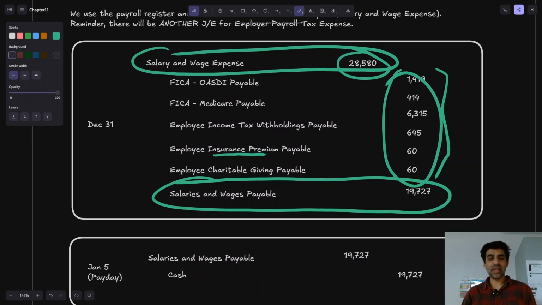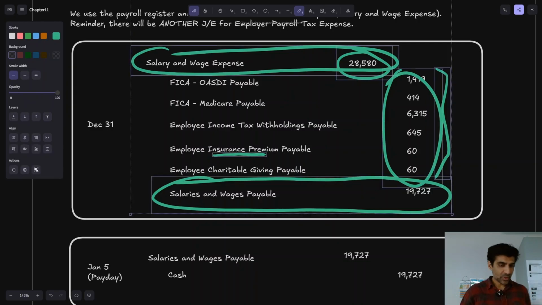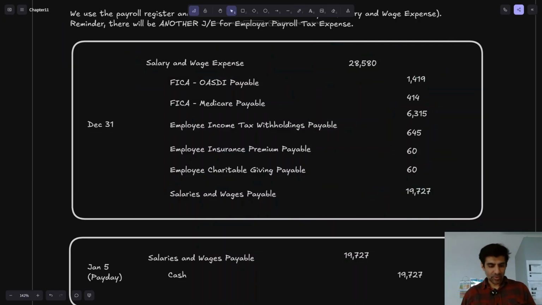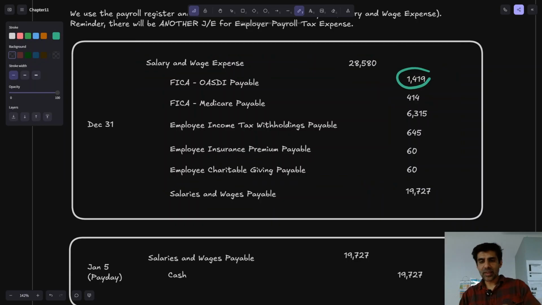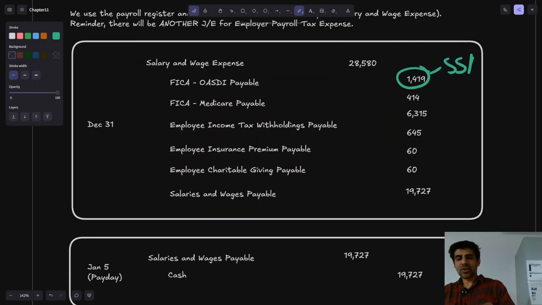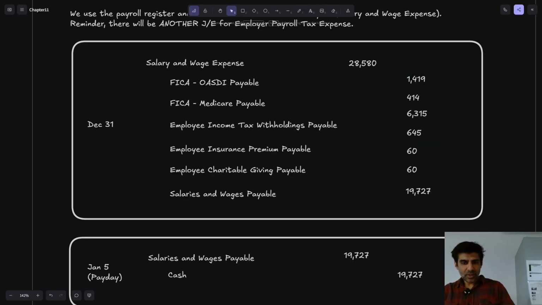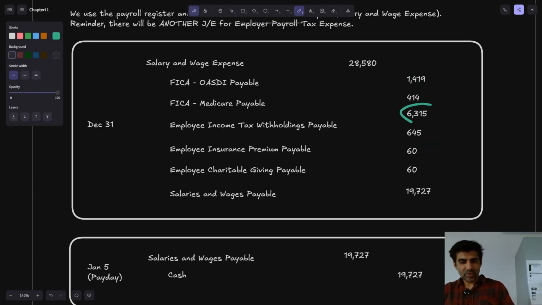You'll see it reflected in this journal entry. Like this 14,019, you'll send this to the Social Security Administration. This one is the biggest one. This is the income tax. This is going to the IRS. And what they'll do is give your Social Security number because this is actually money you owe.